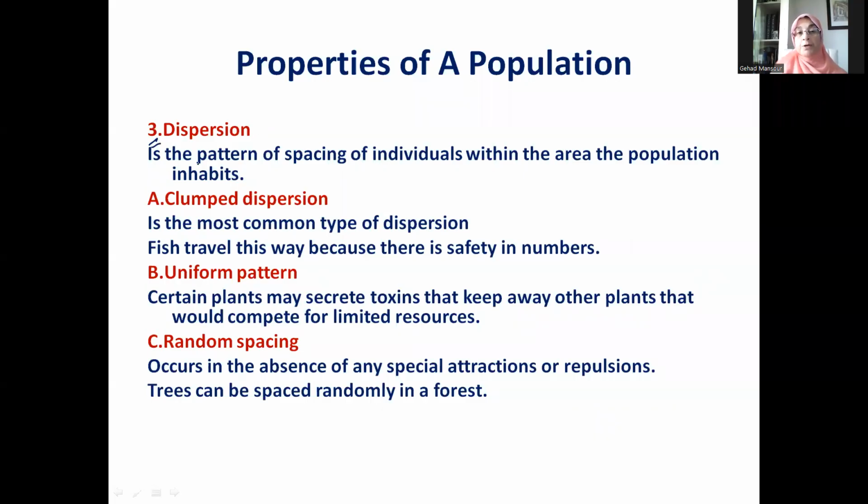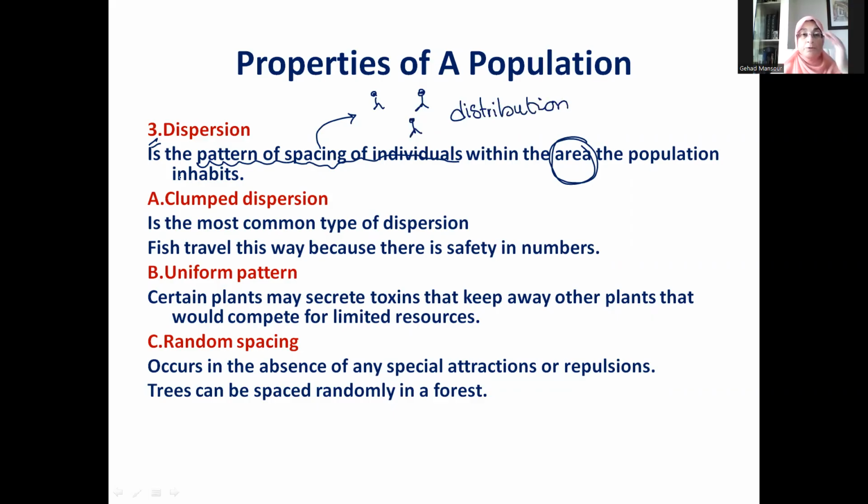And by dispersion here, we mean the pattern of distribution of the individuals within, again, the particular area where the population lives or that the population inhabits. And by pattern of spacing of individuals, when we see how much the individuals are spaced, then we're talking about the distribution of those individuals.